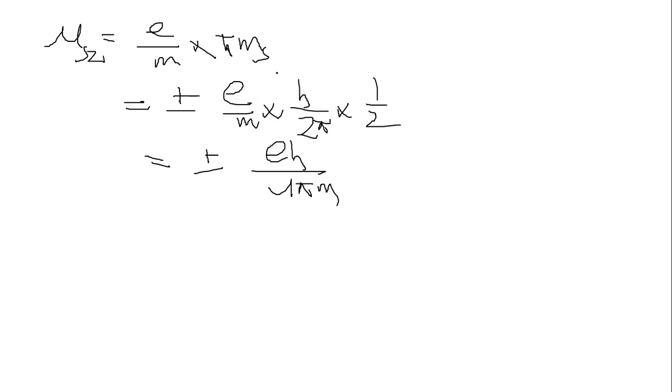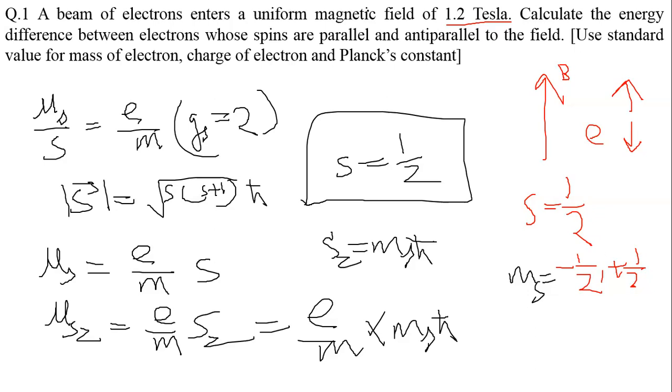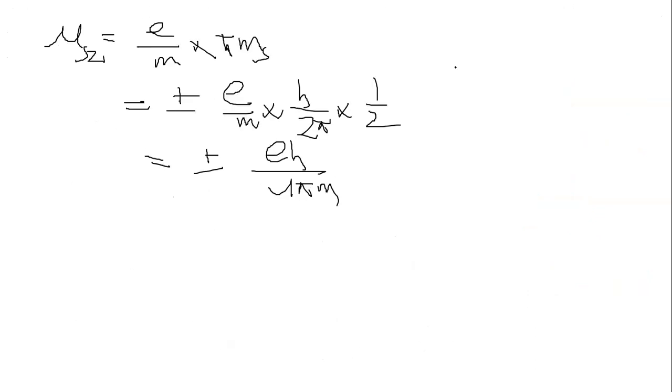Now, due to the spin magnetic dipole moment, when the electron enters a magnetic field, it will experience an interaction energy. What is the interaction energy between the magnetic field and the magnetic dipole moment? It will be minus mu s vector dot B vector.